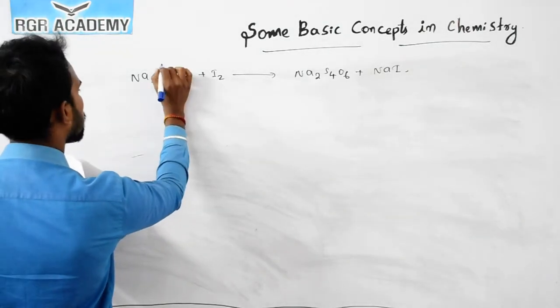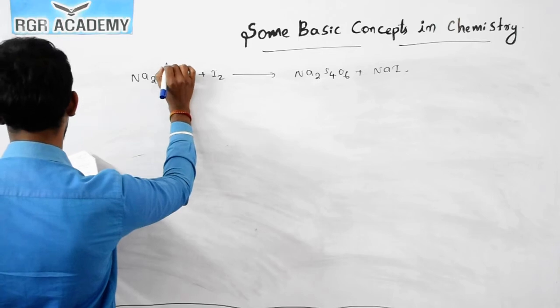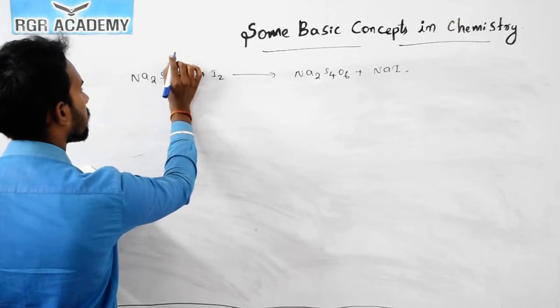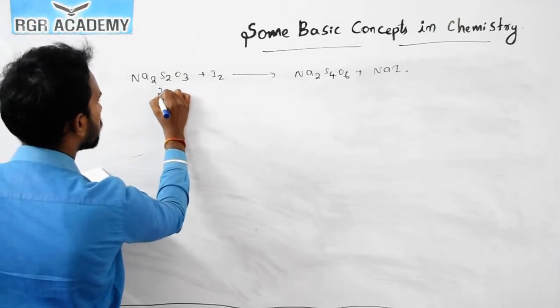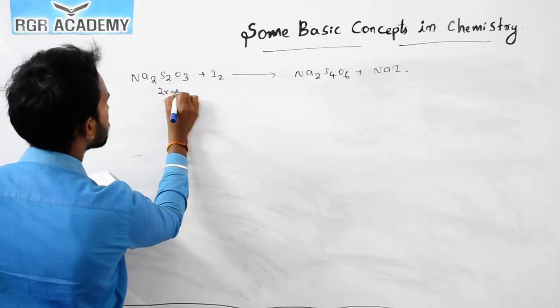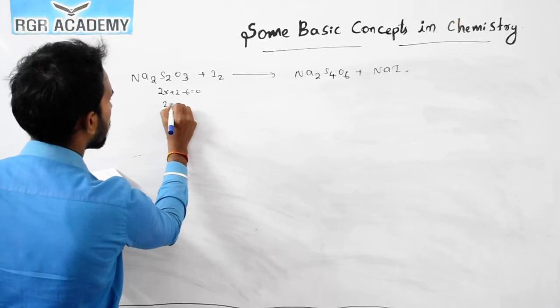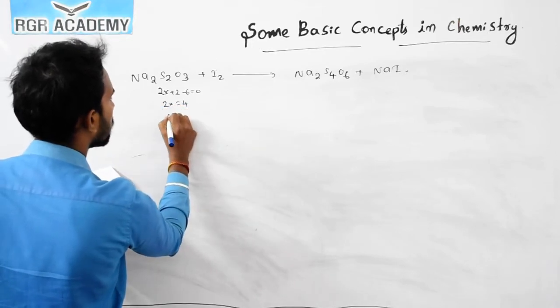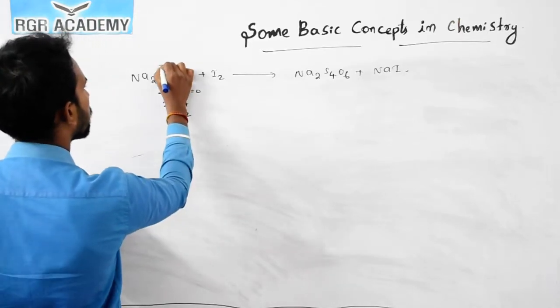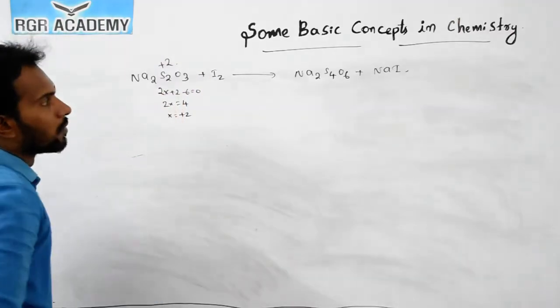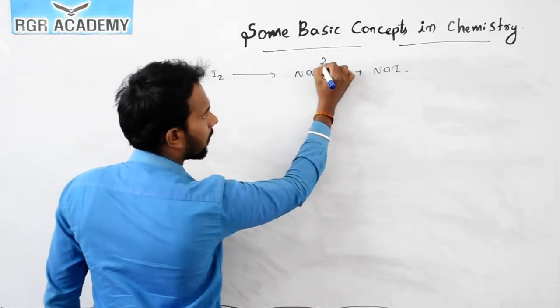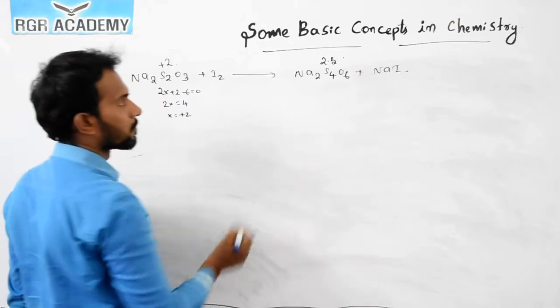What is the charge of this one? Here the oxidation state: 2x plus 2 minus 6 equal to 0, 2x equal to 4, so x equal to plus 2. In S4O6 you will get the value 2.5.